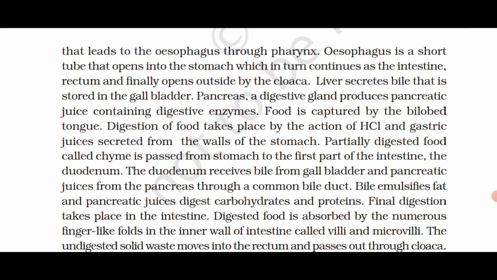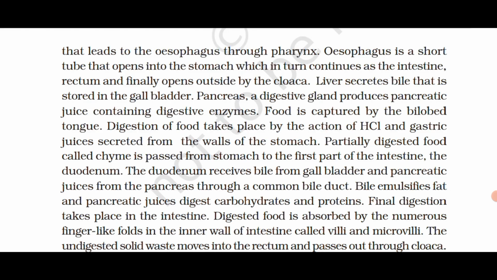Liver secretes bile that is stored in the gallbladder. Pancreas, a digestive gland, produces pancreatic juice containing digestive enzymes. Food is captured by the bilobed tongue. Digestion of food takes place by the action of HCl and gastric juices secreted from the wall of the stomach.